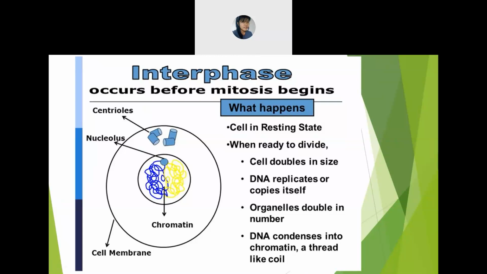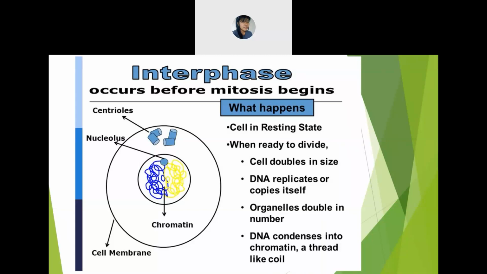What happens here is that the cells rest here. When they are ready to divide, they double in size. The DNA replicates or copies itself, and they will double themselves. That is the DNA.